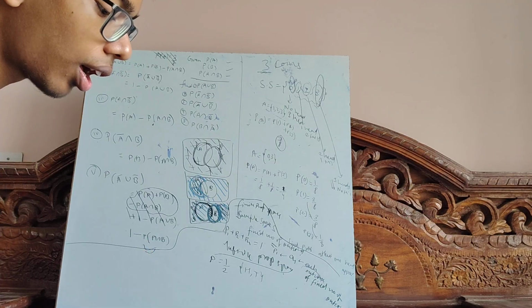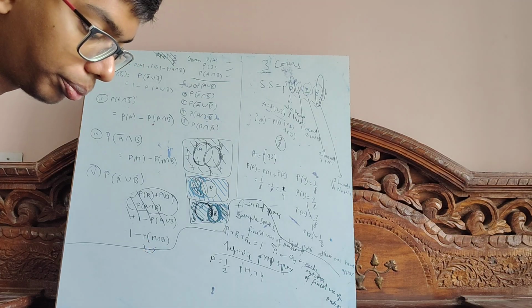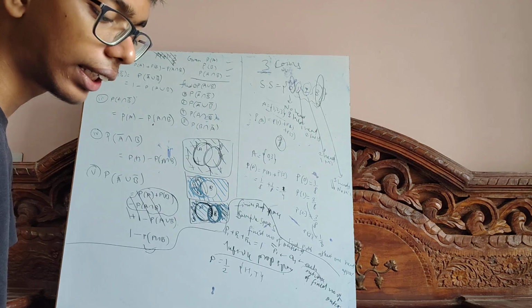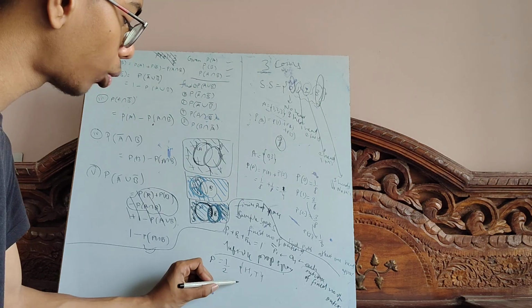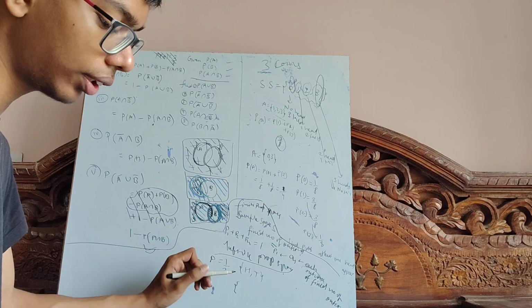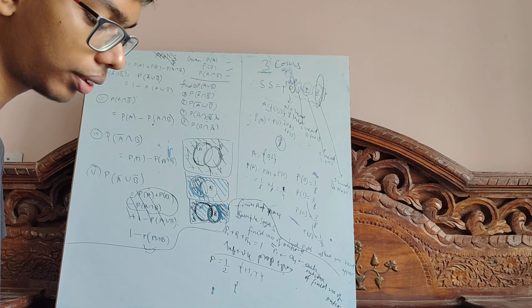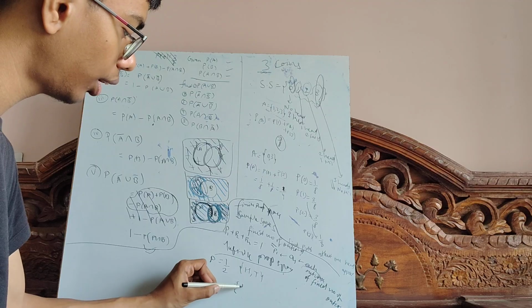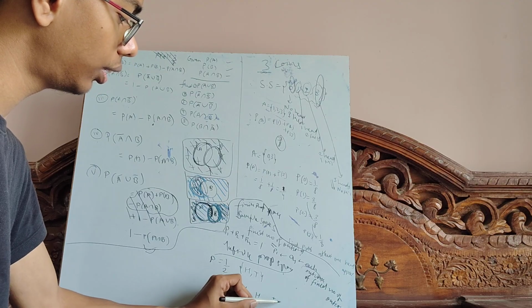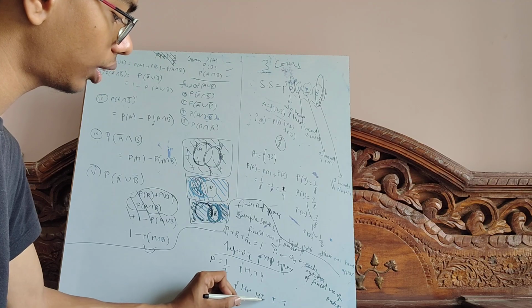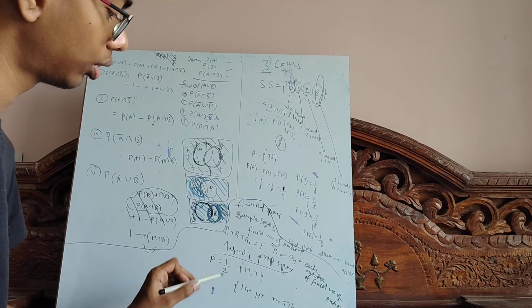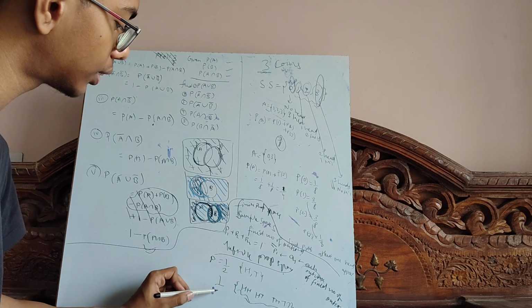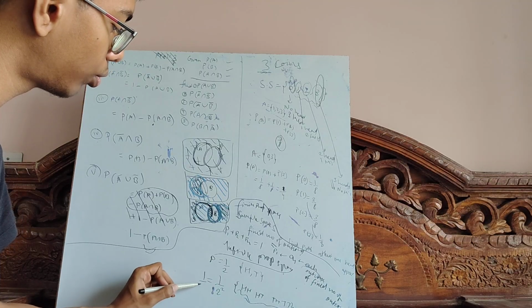Now I will toss my coin a second time, so the probability of getting every head will be H T T H T H T, right? That will be 1 by the number of sample space to the power 2, 1/4.